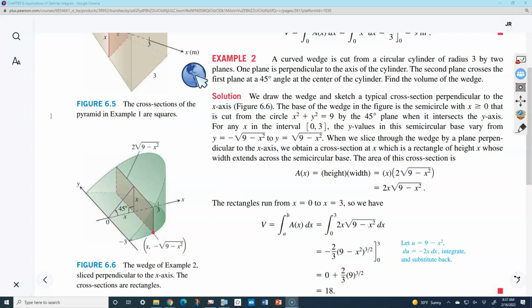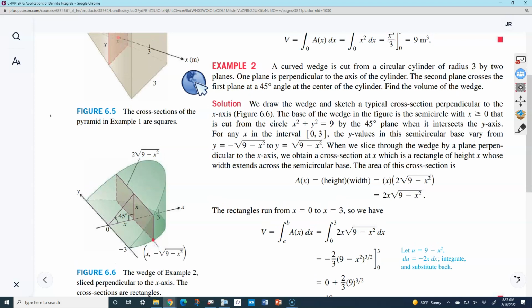All right. So, how can we know how the area of this rectangle is changing as we go down the x-axis? Well, first of all, what is the length? You know, the area of a rectangle is length times width, right?